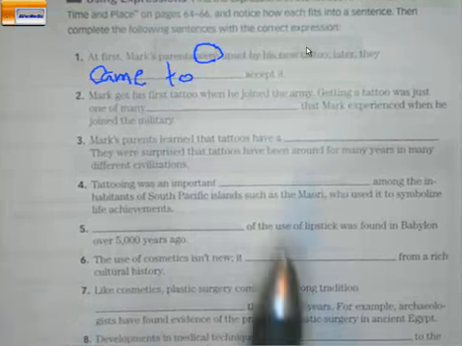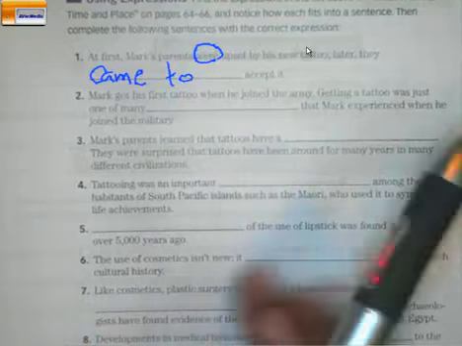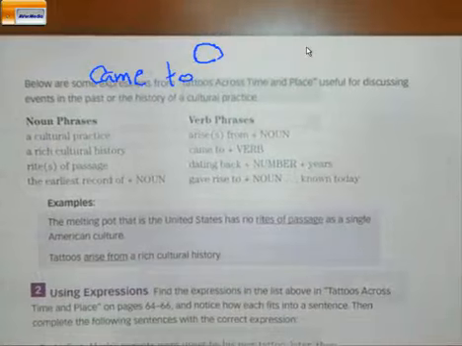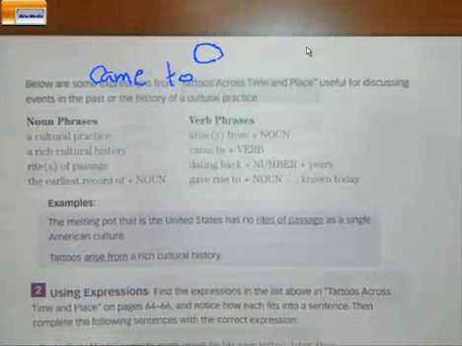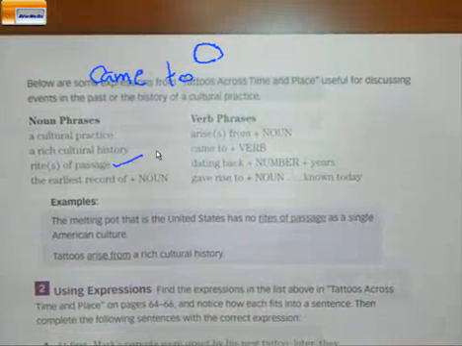So what would be an appropriate phrase out of these? I would go for rite of passage.